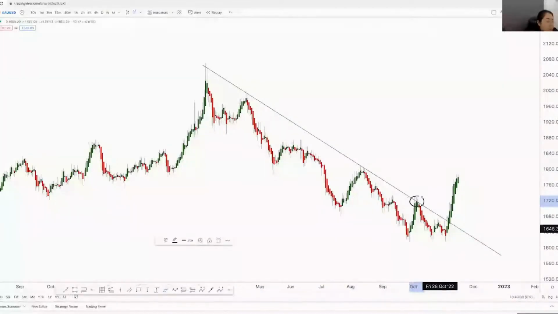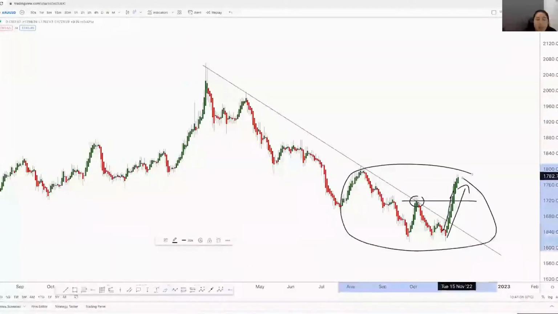When price breaks this trend line and this swing high, that is only when the trader confirms that the uptrend has started and the downtrend has ended. The problem with this technique is that from here all the way to here, you have lost so many points, so many pips. Your entry would have been so late.